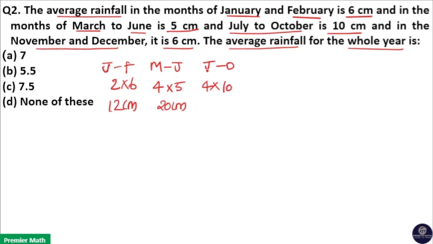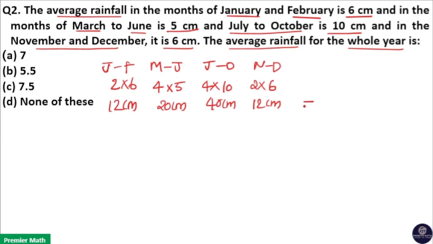That means total rainfall for July to October is 4 into 10, 40 cm. Again, from November to December, there are 2 months, and average rainfall is 6 cm. That is total rainfall for these 2 months is 2 into 6, 12 cm.